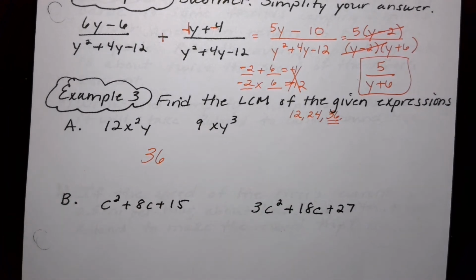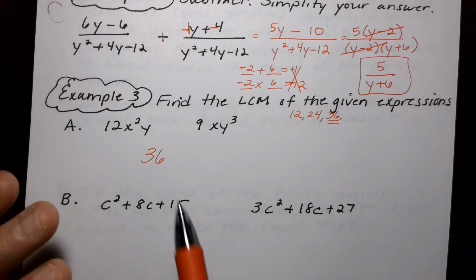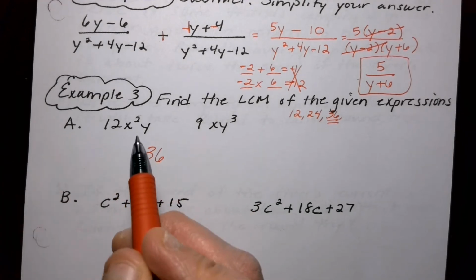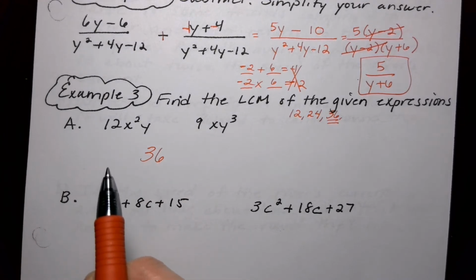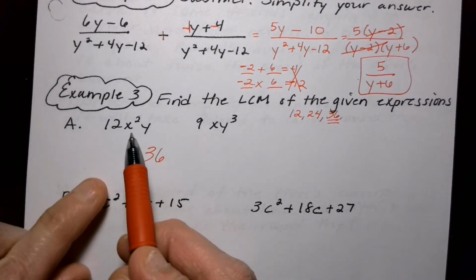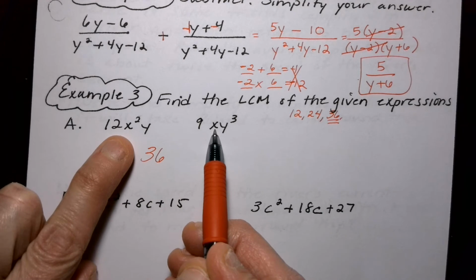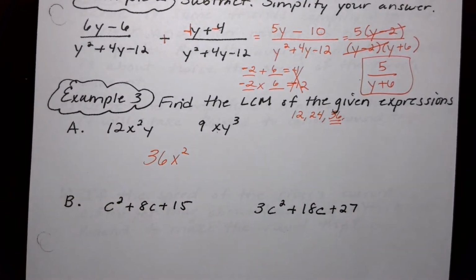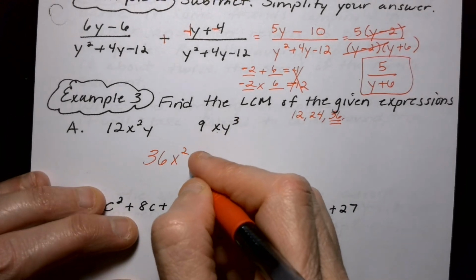So we want something that we can multiply both of them by and get. And so the way you'll get the variables here is take the highest variable power. So when you look at the two x's, which one has the highest power? This one. And when you look at the y's, what's the highest power? Of course, the 3.